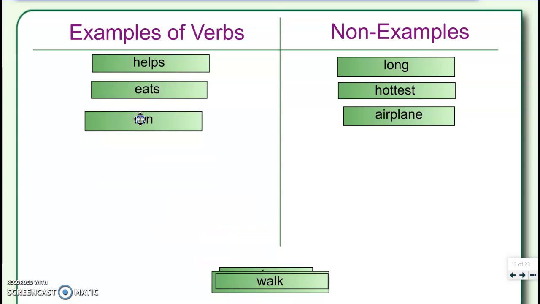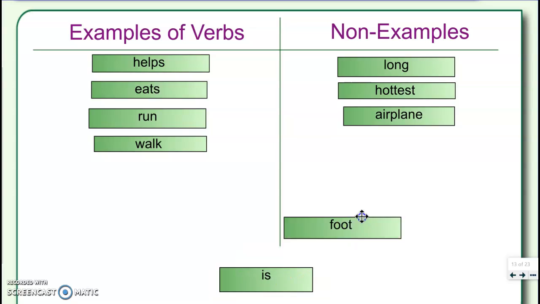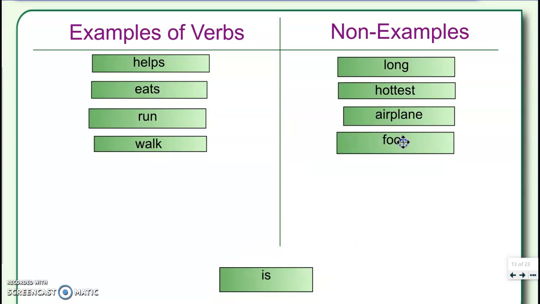Run, yep, run is an action word. Walk is an action word. Foot, I hurt my foot. Foot is a non-example. It is a noun. The last one's kind of tricky. The word is is. Is actually a verb.